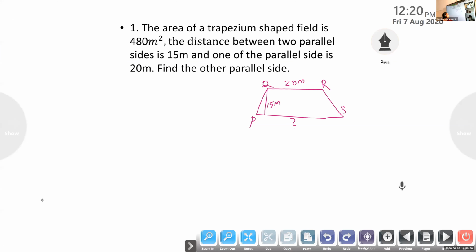Draw a rough figure. The field has the shape of a trapezium.